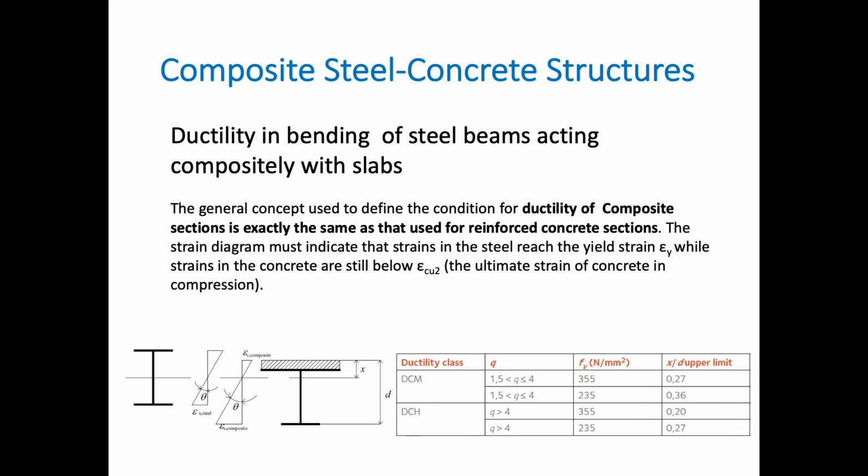So again, there is a table giving us the values depending on the ductility class, and of course the q factor, fy, and the x over d upper limit is included.